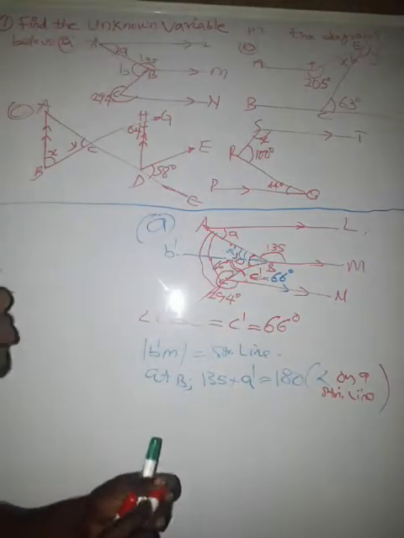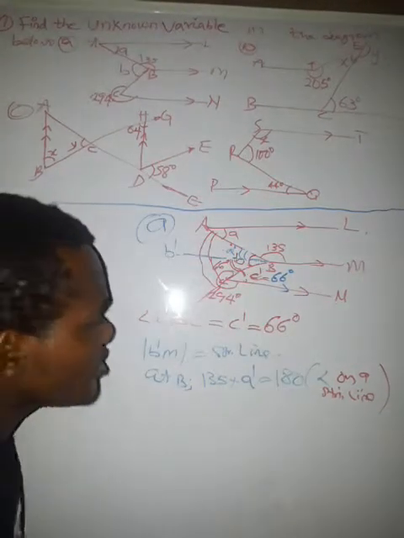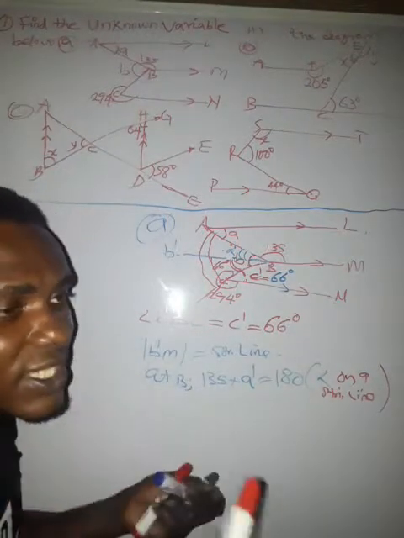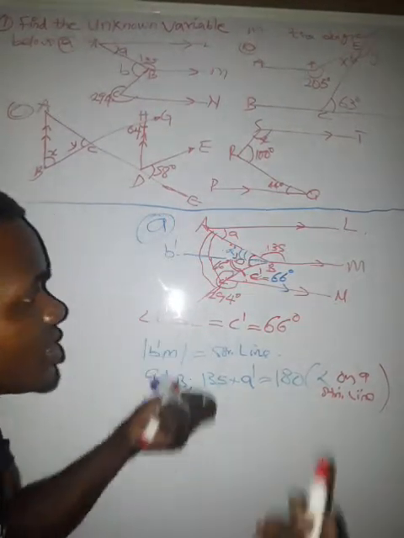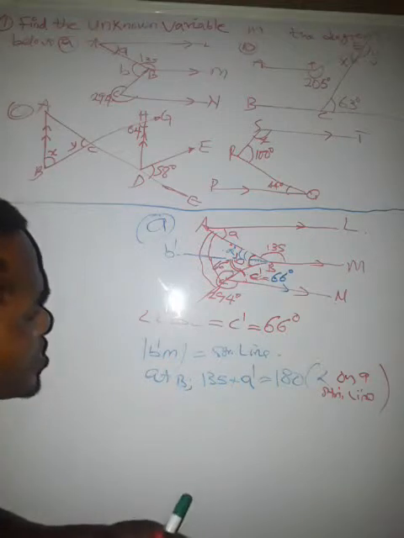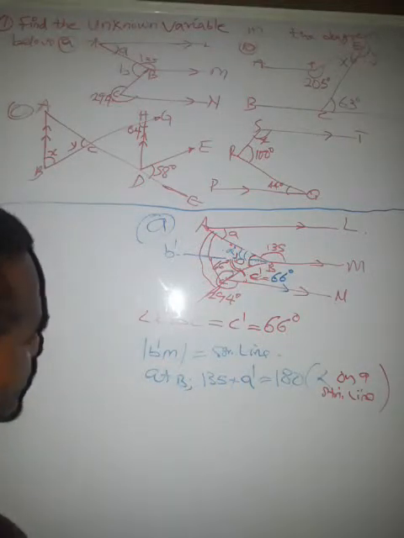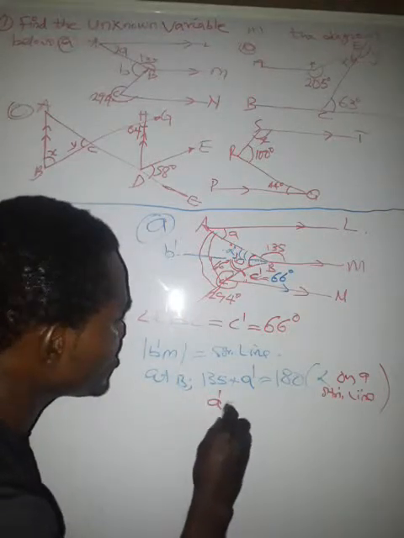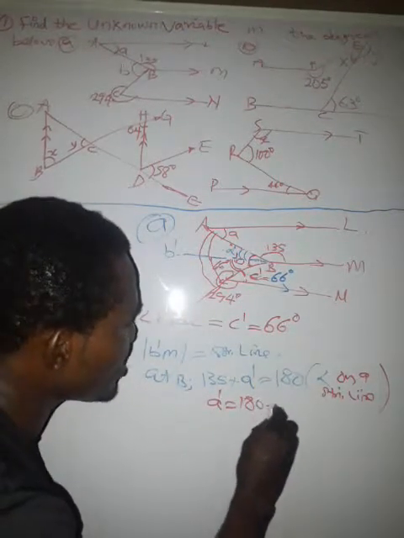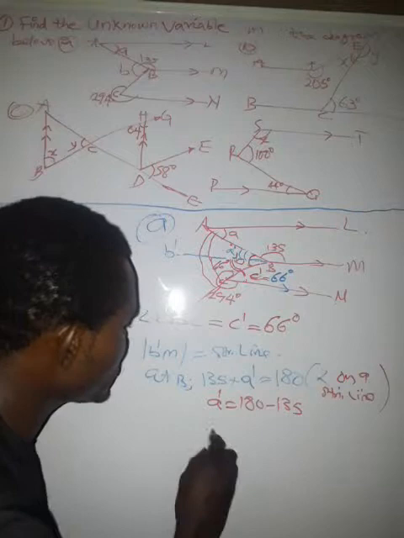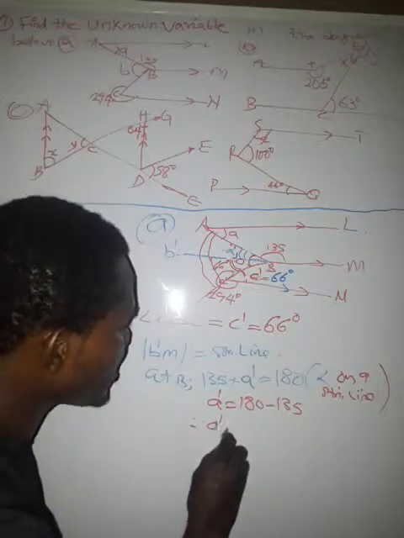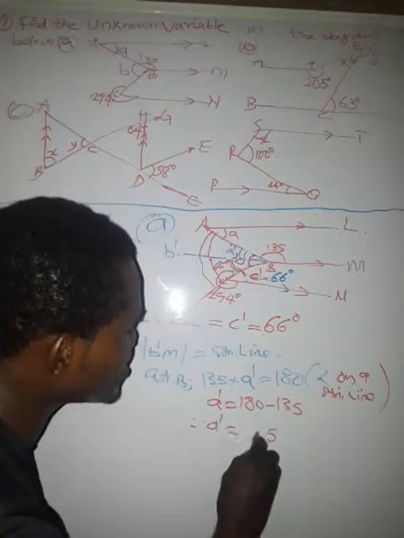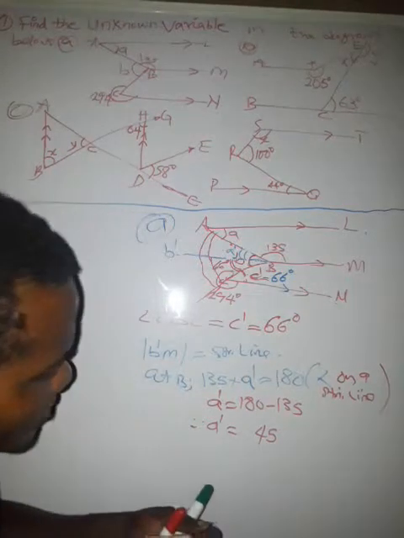So in solving this kind of question, if you are making any step without the reason behind it, then that is 0. So now I can find what A prime is. A prime will be 180 minus 135. So therefore A prime will be 45.